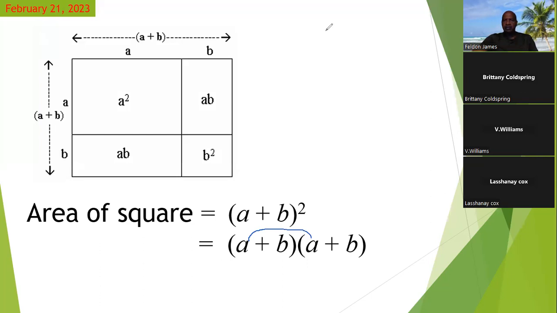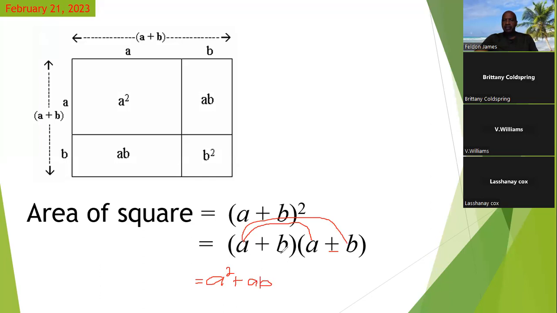So A times A would give you A squared, and then we have A times B, and remember now we're keeping the sign, so that would be plus A times B, which gives you AB.